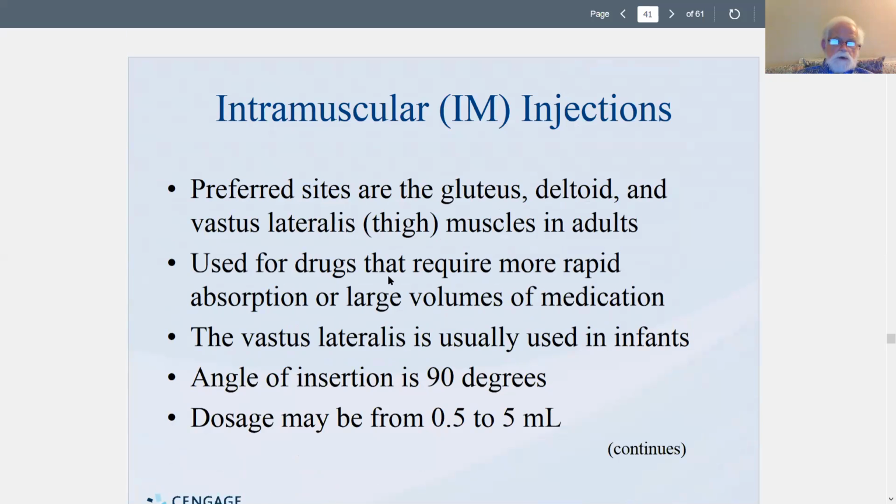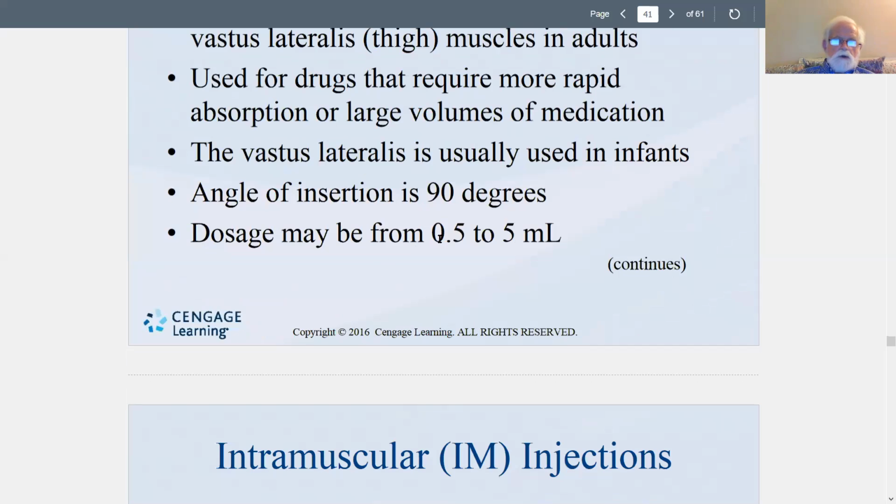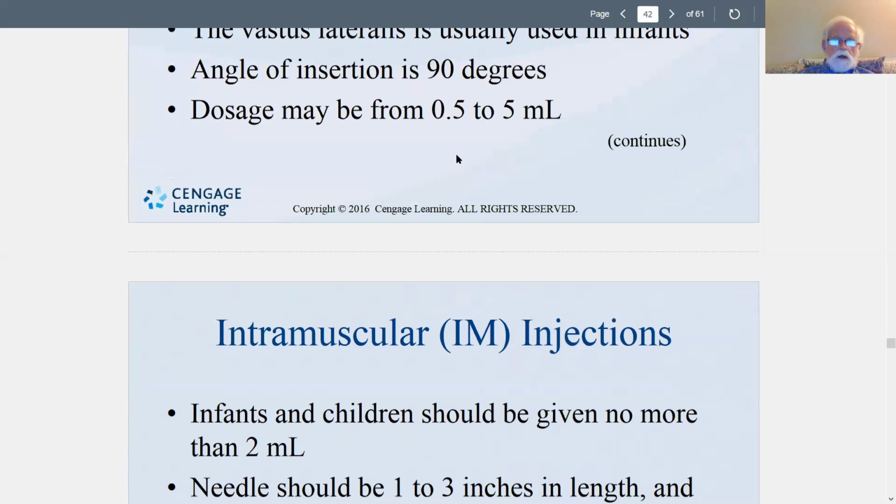We want it for drugs that need more rapid absorption. We use again a 90-degree angle, a half a milliliter to 5 milliliters. Well, 5 milliliters just about always has to go into the gluteus maximus. No other muscle has the mass to be able to take that volume.